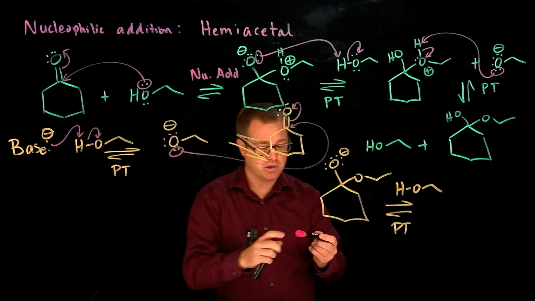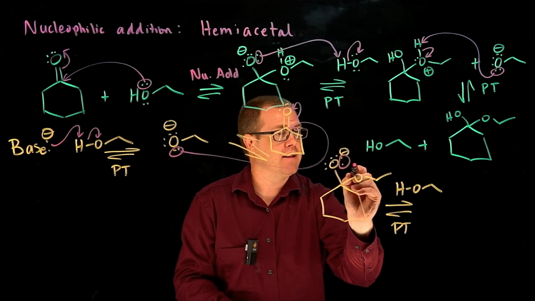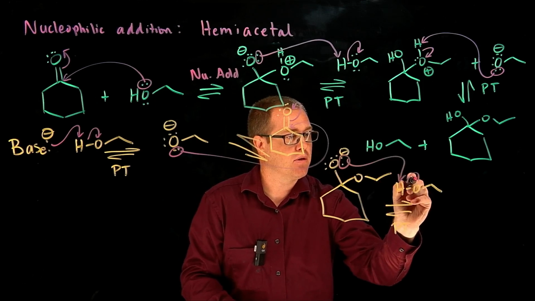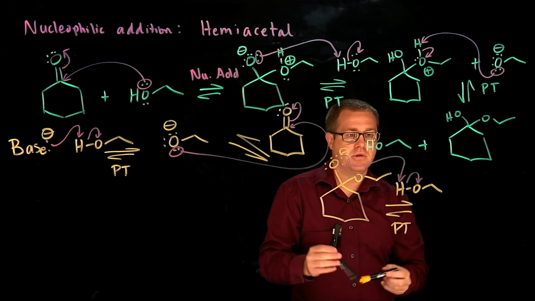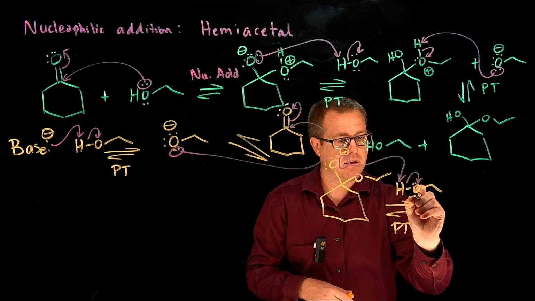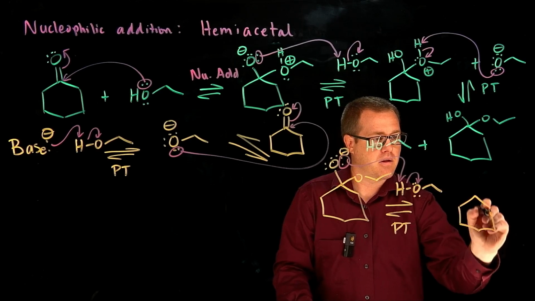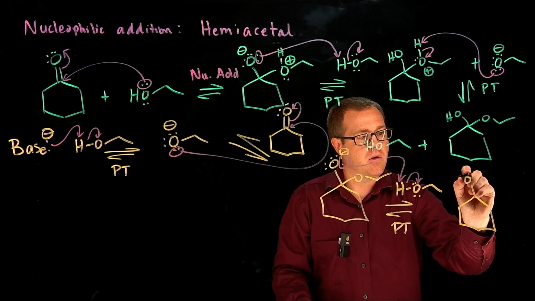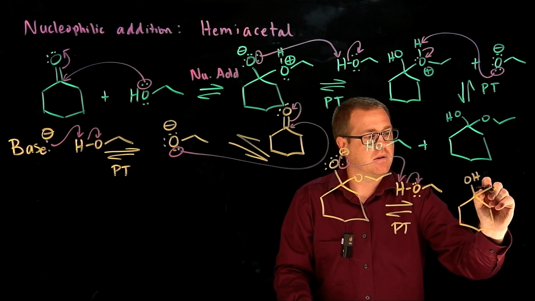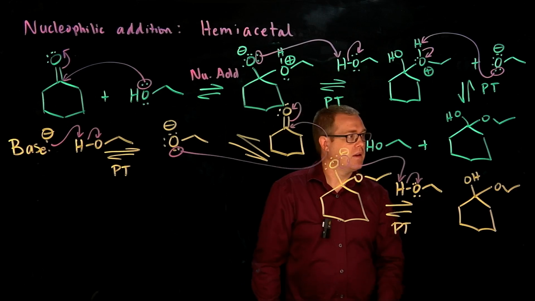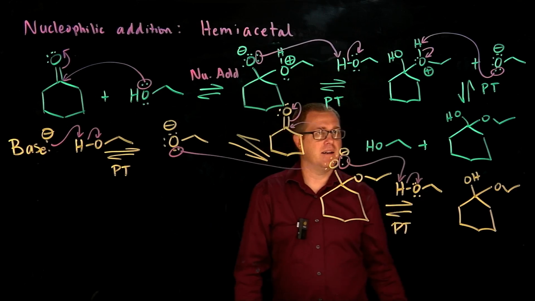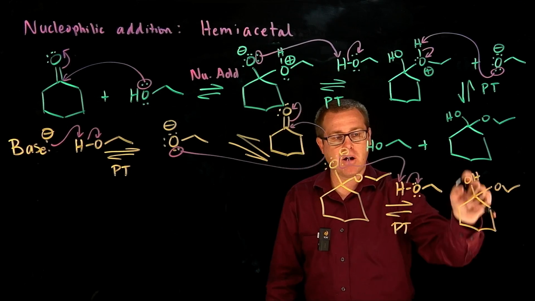So we can do a proton transfer where we'll take that electron rich and do a proton transfer there to generate our product. OH. And there's our hemiacetal. So you can see that we get the same product.